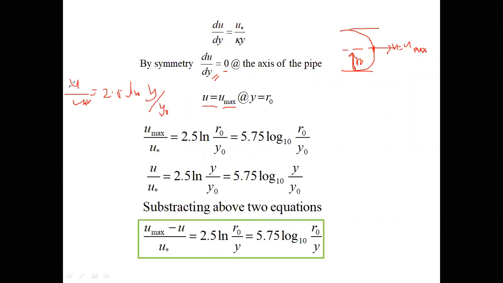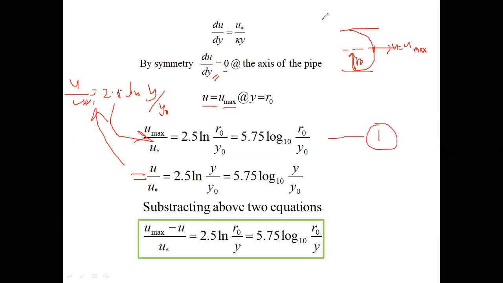Then by substituting, we know that u becomes u max at y equals r naught. Therefore, we can write this equation. Say this is equation number one.